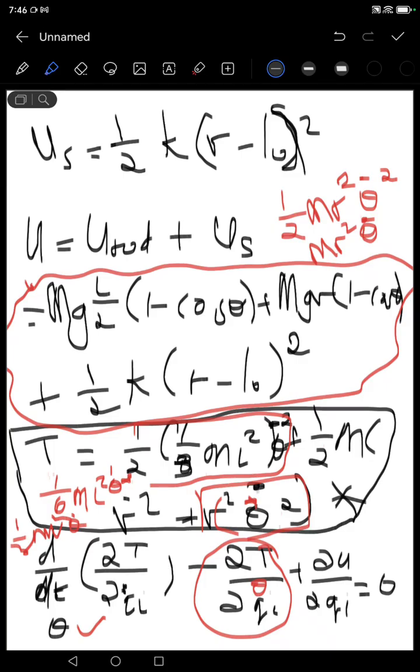The derivative of this part is going to be m g L over 2 multiplied by what? Derivative of 1 is 0, and then derivative of negative cos theta is negative sine, so negative multiplied by negative is going to be a positive sine of theta.